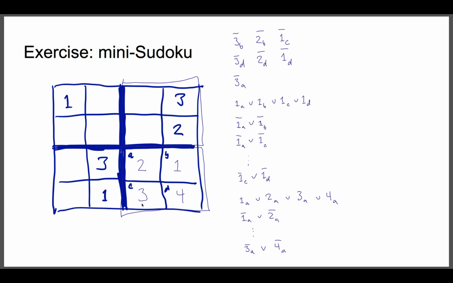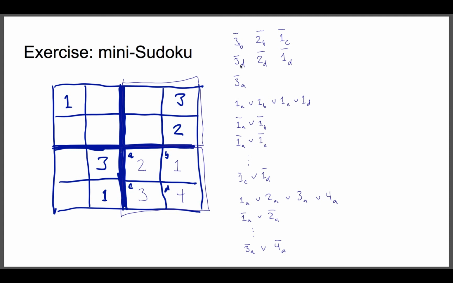So for example, this 3 that appears in cell C, we had information from the problem, which we treat logically as assumptions, that said that 3 was not in cell A, and also not in cell B or cell D.